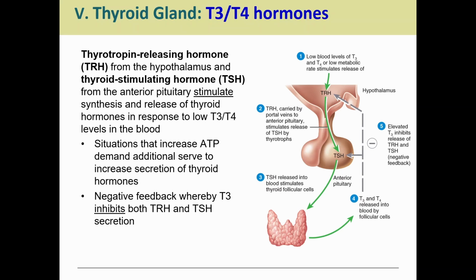Once you've stocked the shelves, you want to stop putting things out and put those things away in storage. And only when the shelves get low again are you going to restock them. Same kind of thing. We have T3 acting as our signal of the shelves are stocked. We have enough T3. We don't need any more out. For the time being, stop stocking the shelves, right? Tell your boss that you've already put everything out that can fit.